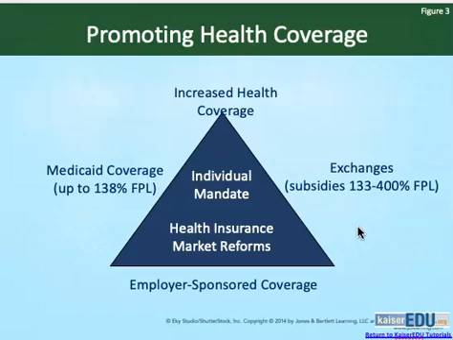So let's go back a little bit, because I want to emphasize that a lot of Americans already have health insurance through their employers. Those of us who are lucky enough to get coverage from our employers, this is what the law builds on. Now, there are some people who qualify for Medicaid. The law expands Medicaid, so more people will qualify.